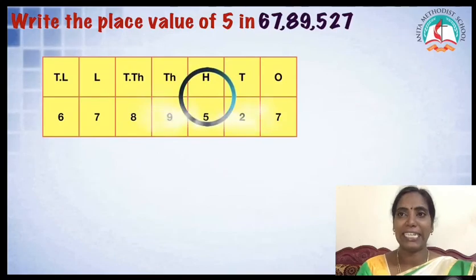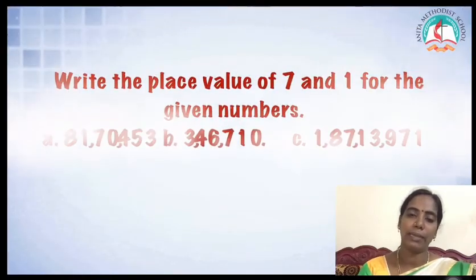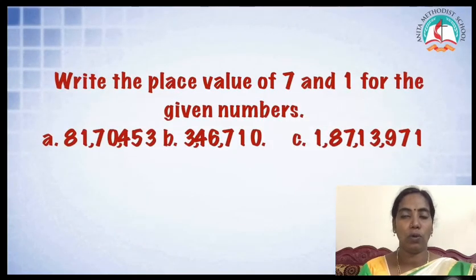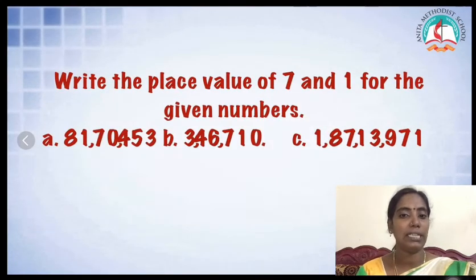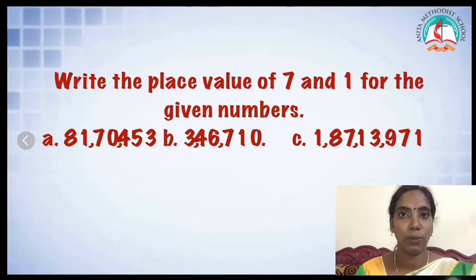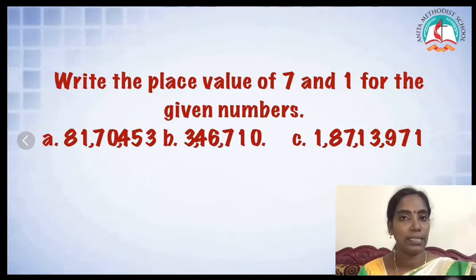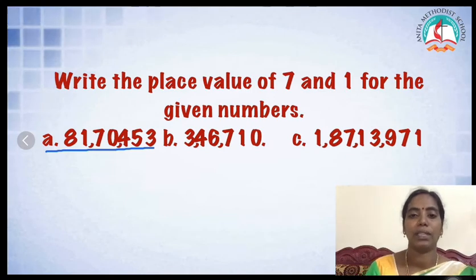Okay. Children, here is your homework. Take your homework note and complete this. Write the place value of 7 and 1 for the given numbers. Look at A, 81,70,453. Look at the 7 and write its place value.